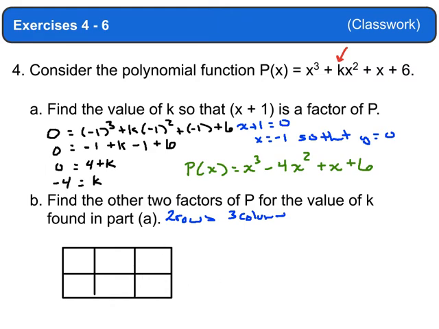And we're going to put our divisor, which we know is x plus 1. We're going to put our dividend around the side, which is x to the third minus 4x squared plus x plus 6. Now remember, in this perspective, we know that this is going to work and we're going to have a remainder of 0. So I can put an x to the third here.